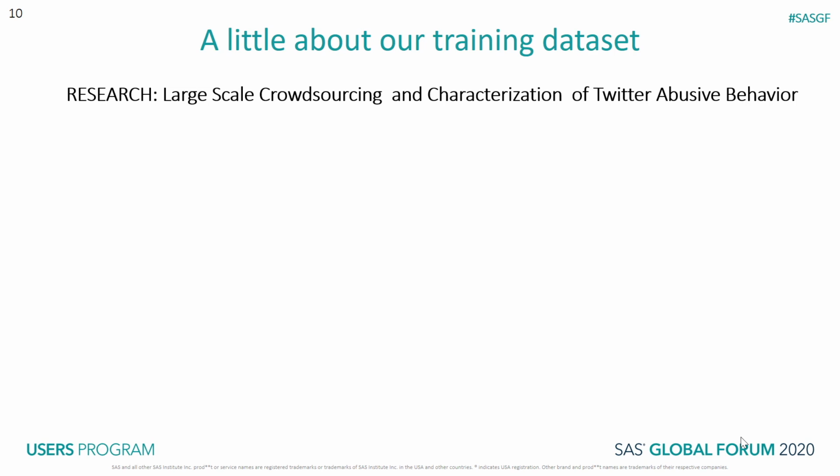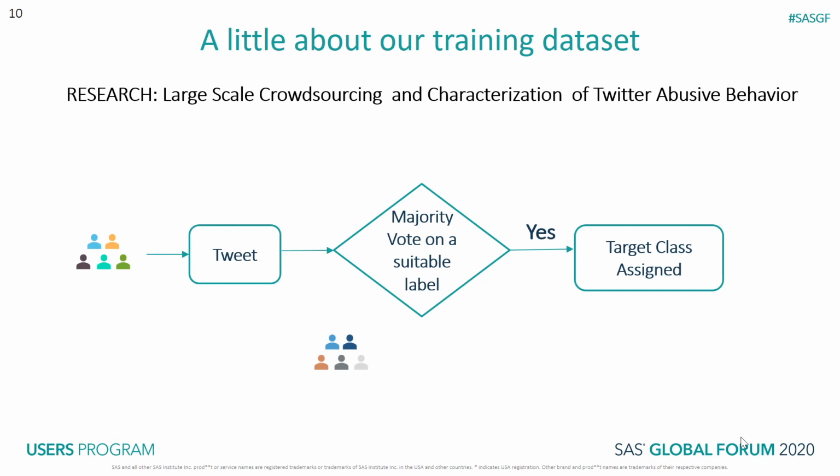This research study used crowdsourcing for annotation of tweets, with multiple people working on labeling each tweet. They used majority voting on a label to minimize subjective bias, and also used statistical analysis like correlation analysis to consolidate overlapping tweet labels into one appropriate label.